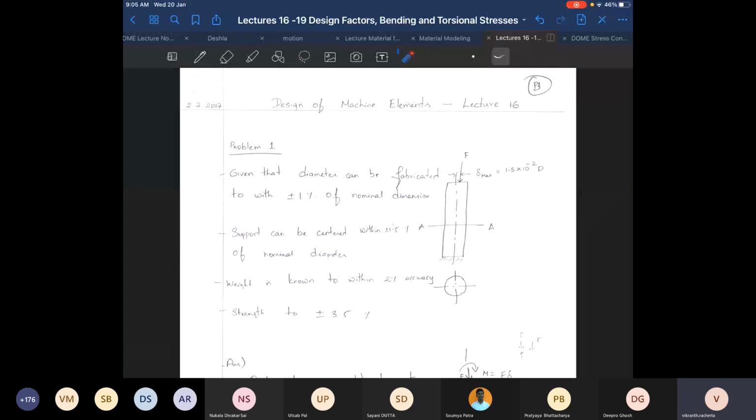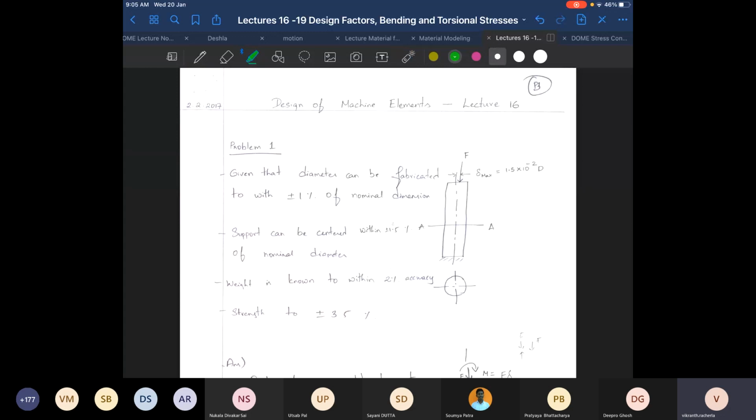Over here you have a column, and on this column you are applying a force F. We want to apply this force along the center, but you cannot apply it exactly at the center.